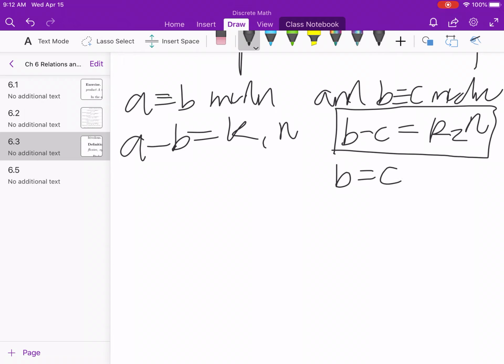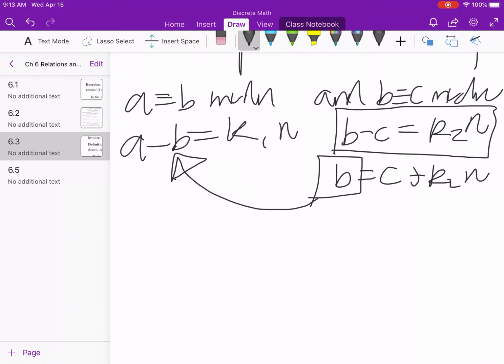Then b is equal to c plus k2n. This is once again an equivalent way of writing equivalence mod n. So b is equal to c plus some value k, we're calling it k2, times n. Notice I have an expression for b over here. I can just substitute it into this.